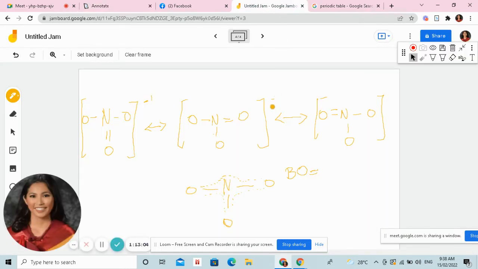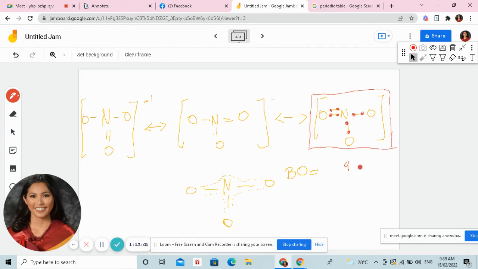How many electron pairs? In structure 3, we have 1, 2, 3, and 4. We have 4 electron pairs.